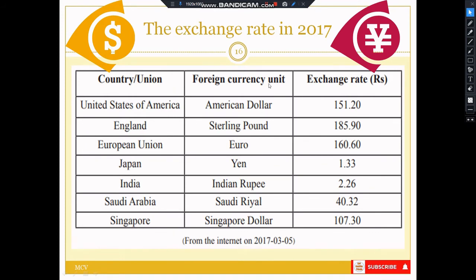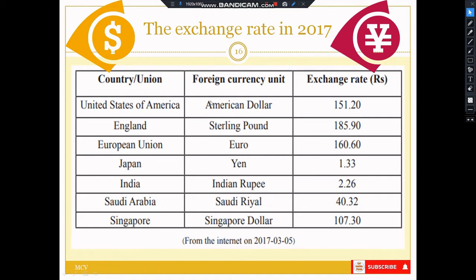Here in our textbook, they have given a table which was published in 2017. So what are the exchange rates in 2017?